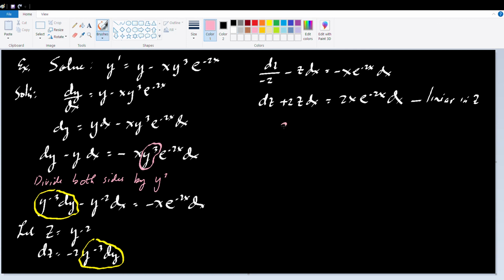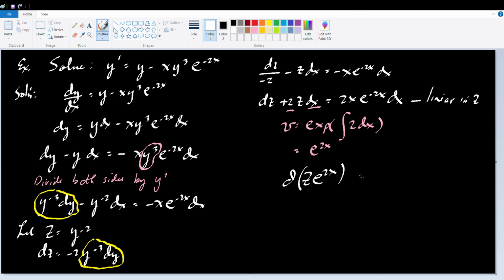So the integrating factor is exp, the integral of 2 dx, which is equal to e to the 2x. So we know that the left side, by the introduction of e to the 2x, becomes exact, which is equal to z e to the 2x. No?